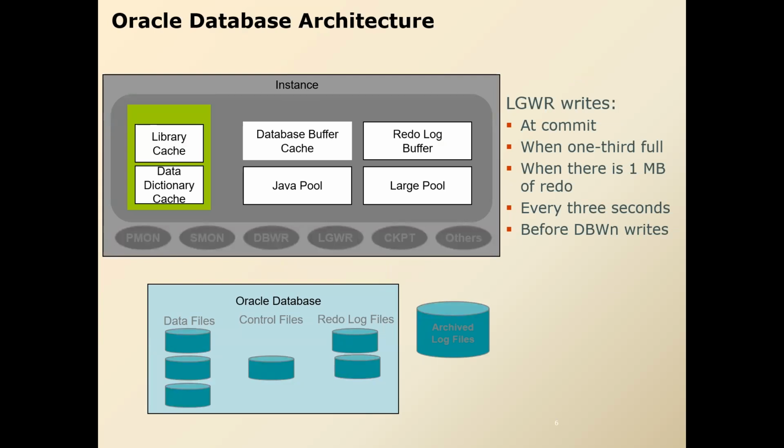As I told you, there is a misconception among a lot of people that redo log files or archive log files contain only committed transactions. That's not true. They contain committed as well as uncommitted transactions.